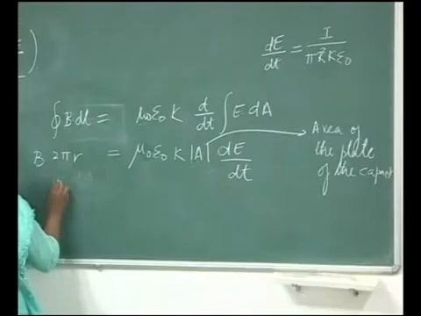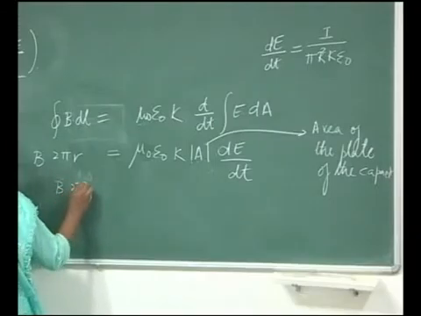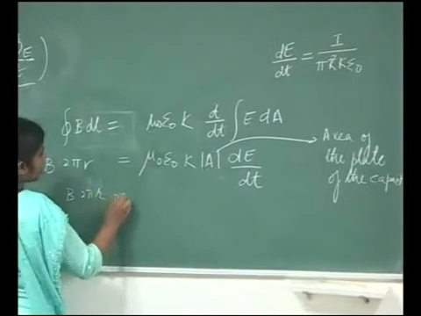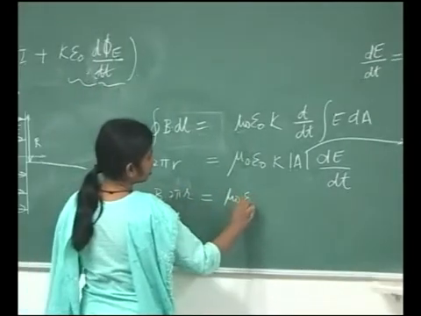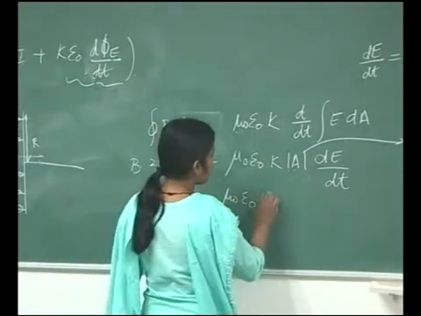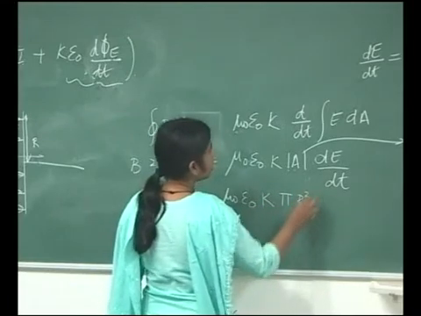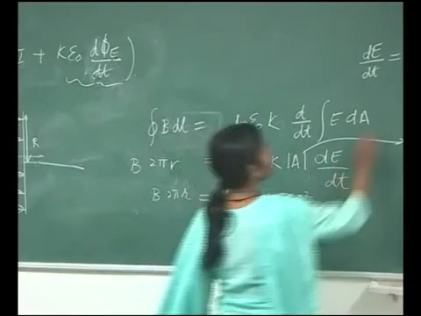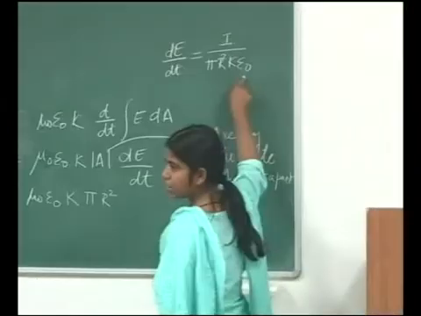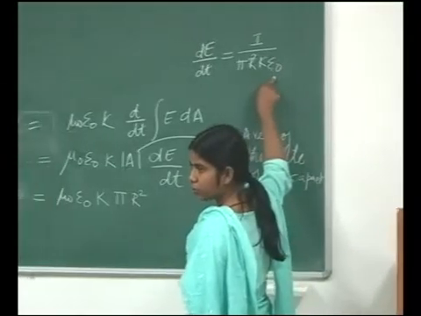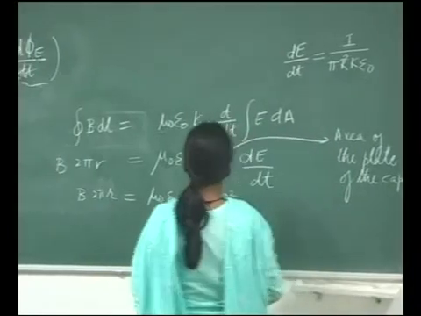So, I can write that B into 2 pi small r is equal to mu naught epsilon naught k pi into capital R square. Now, dE by dt. What is dE by dt? I upon pi R square k into epsilon naught. Okay. So, I substitute this value here.